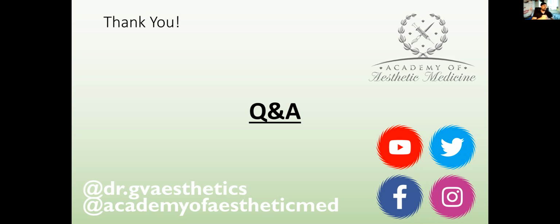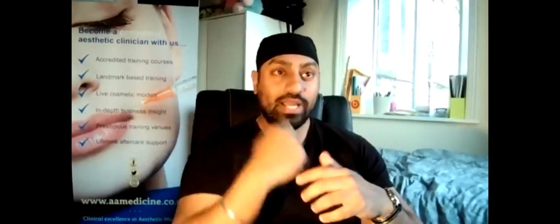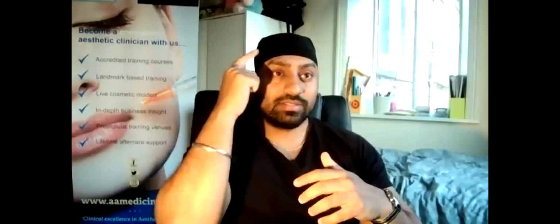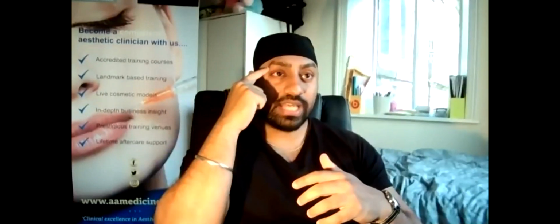Julia asks, can you explain how to do a brow lift with filler? Let me get it so you can see me actually. With the filler, what you want to be doing is injecting into the lateral brow. If you look at my eyebrow over here, you can see it's slightly high arch, and then the tail runs down.